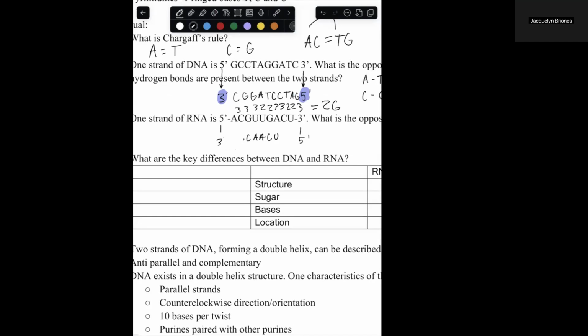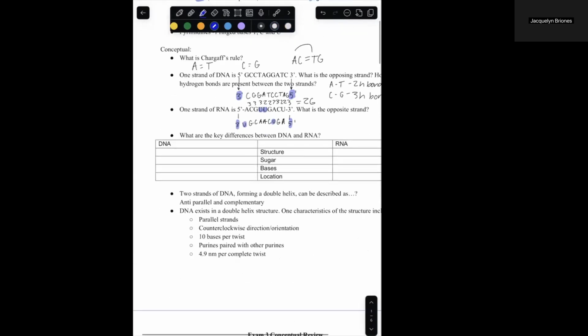U, G, A. Again, this question is just trying to get you to remember your U's here and here, and also remember your primes.